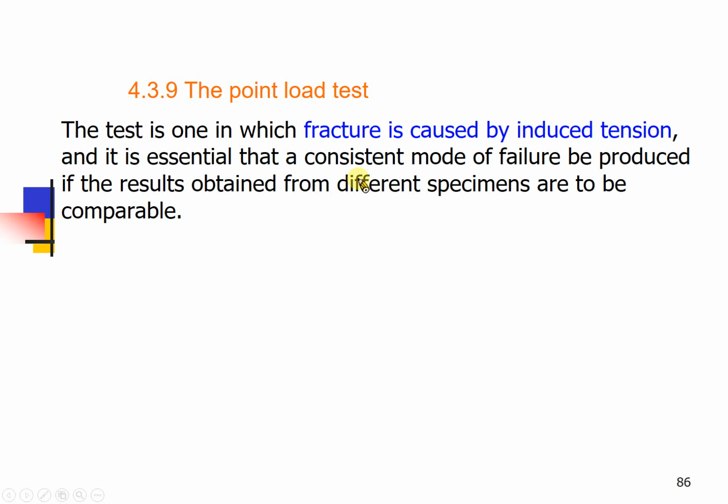If you have a higher tensile strength of a rock, then you will have a higher compression strength of that rock. Okay? So that will be the reason why we correlate the point load test results with uniaxial compression strength, although the rock fails by tensile stress.